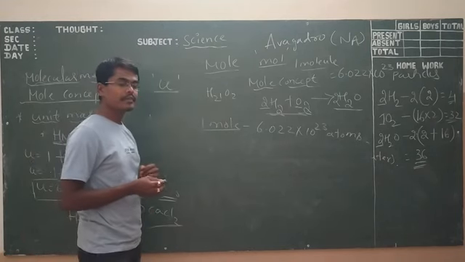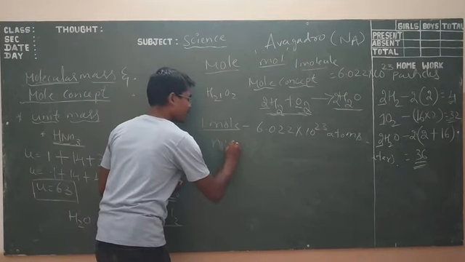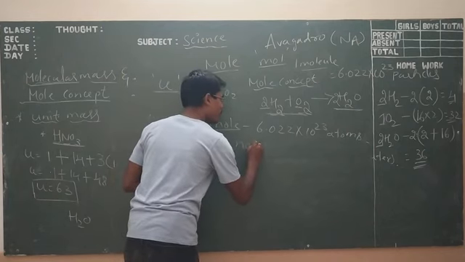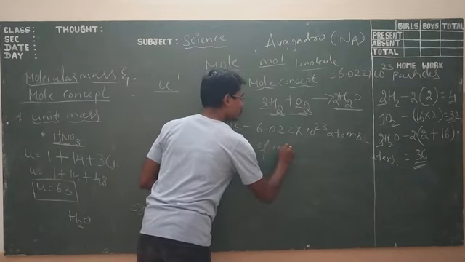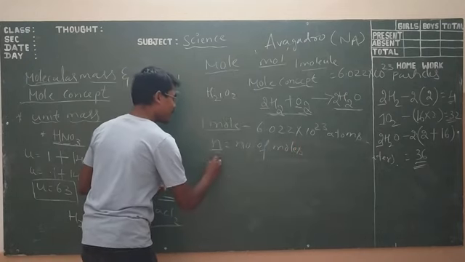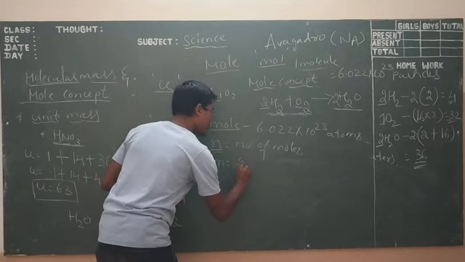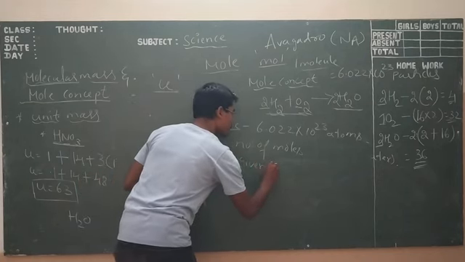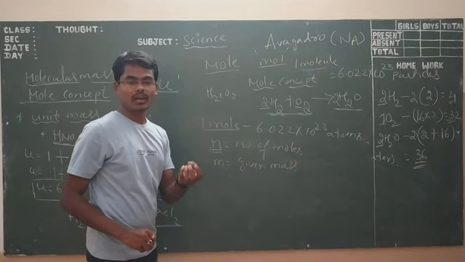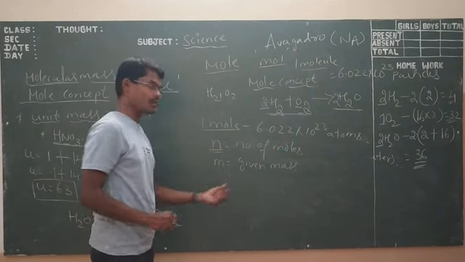Now, look here. I am going to write some abbreviations. Here I am going to write small n, which is the number of moles. And I write small m, which is the given mass. For example, 5 gram, 10 gram of any chemical, that is small m.